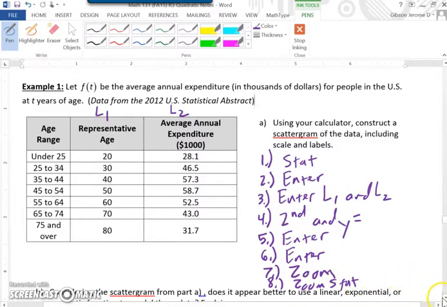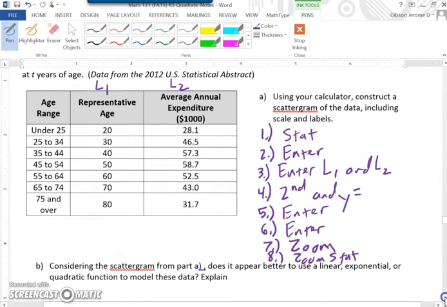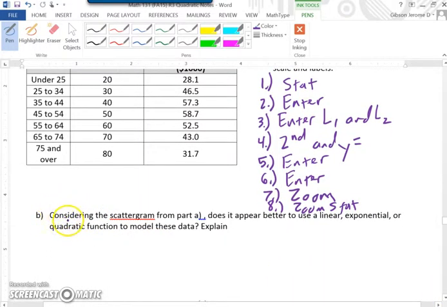Okay, so now you see your graph. Now looking at your graph, you will go to B. It says considering the scattergram from part A, does it appear better to use a linear, exponential, or quadratic function to model these data? If you look at your graph, it looks like an upside down parabola, right? So parabolas are quadratic.